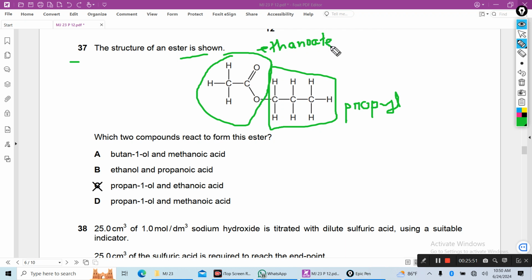Propyl ethanoate. So which two compounds react to form this ester?